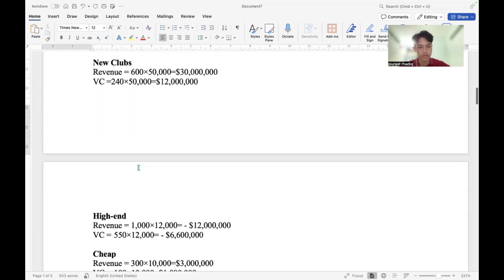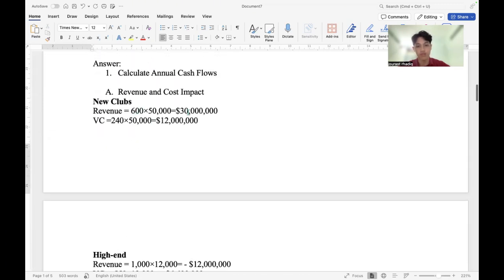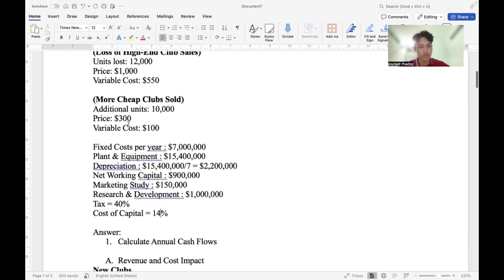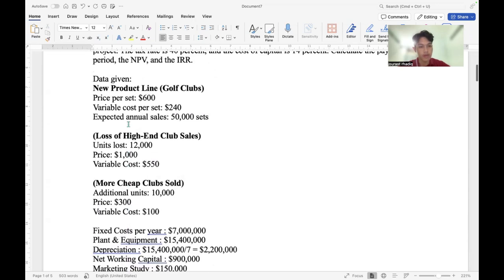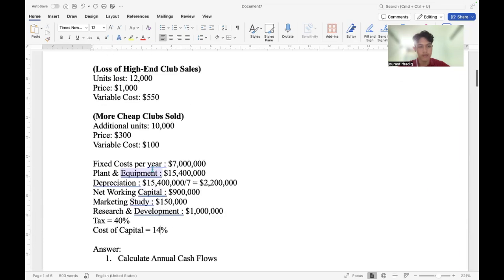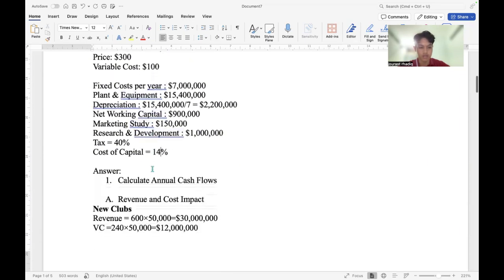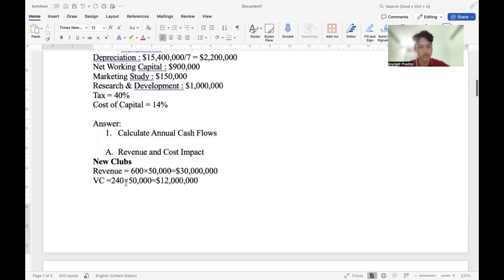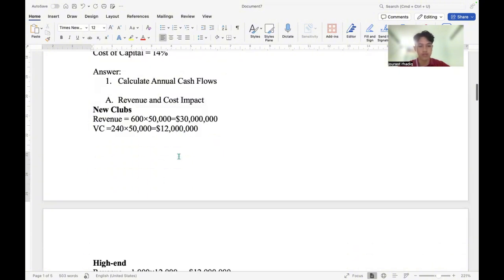So 600 times 50,000, so the revenue is 30 mil. And for the variable cost, the same: we multiply the variable cost with the expected annual sales. So 240 times 50,000 is 12 mil.